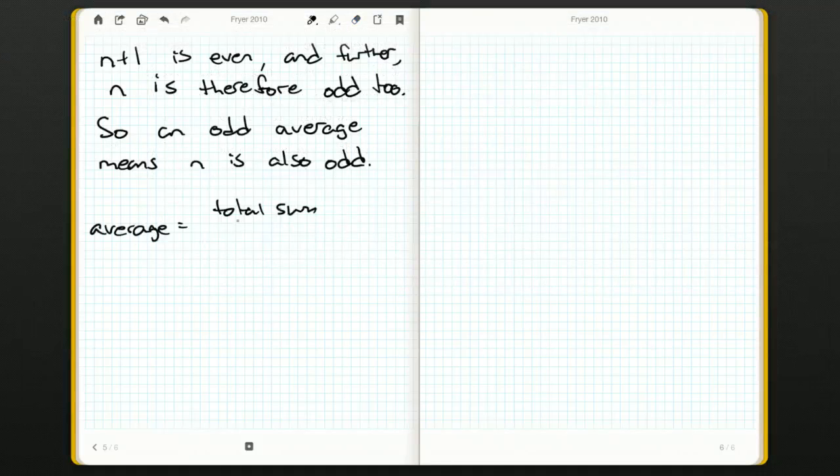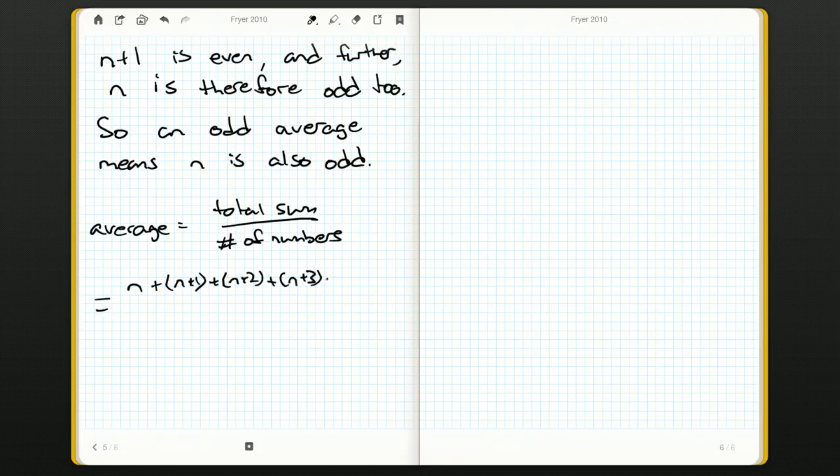over the number of numbers. Well, that's going to be n plus 1, n plus 2, n plus 3, n plus 4, and finally n plus 5.